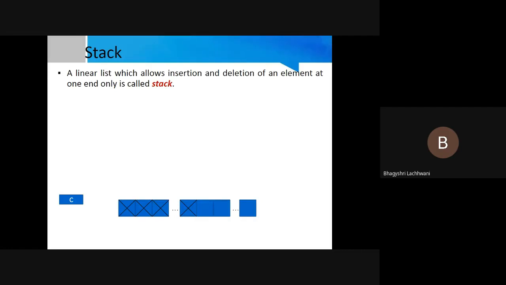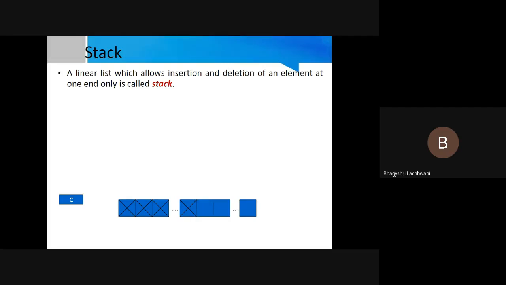Now, for the stack, you will use a linear list. That means you will take something like an array. Whatever is the bottommost element, and from where you can delete or insert an element in the stack, it is allowed only from one end, and that one end is termed as the top.